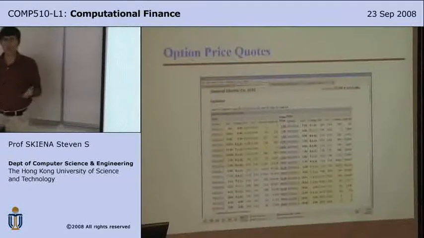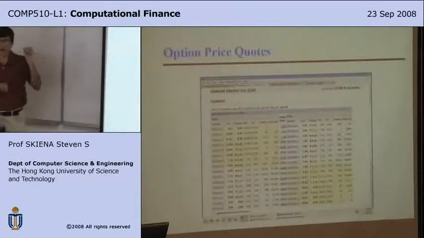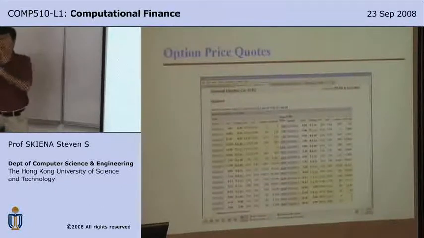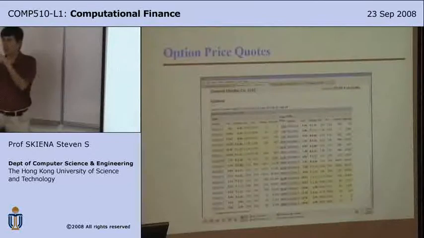Remember when you go to the airport, you need US dollars? There's a guy there saying, you want to buy US dollars from me? I'll give you US dollars for this many Hong Kong dollars. You want to sell US dollars to me? I'll give you this many Hong Kong dollars for your US dollars, right?